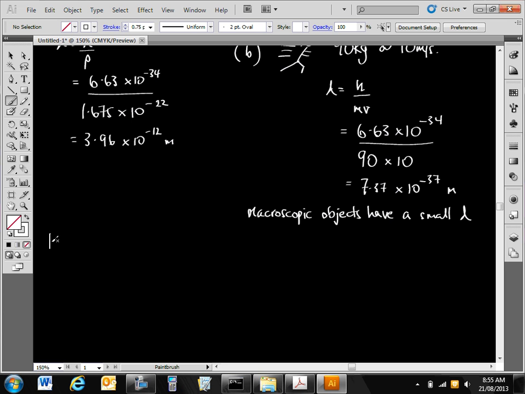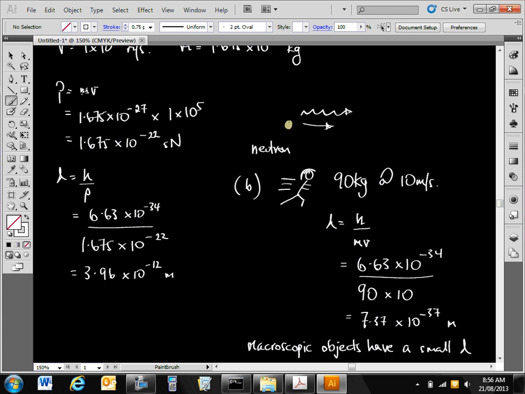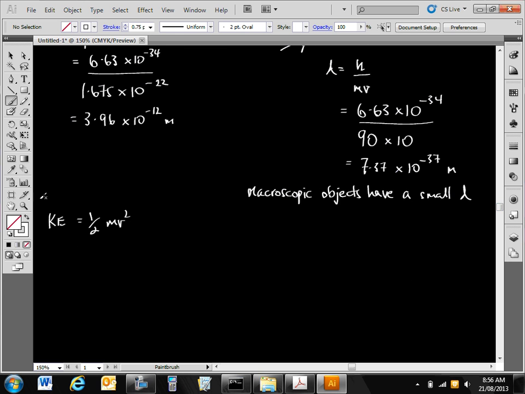We looked at kinetic energy before. Kinetic energy is equal to half mv squared. Here's an equation to show that from the energy of an object, you can get the momentum.